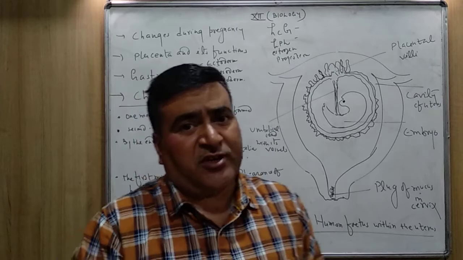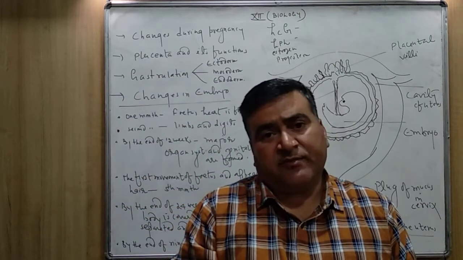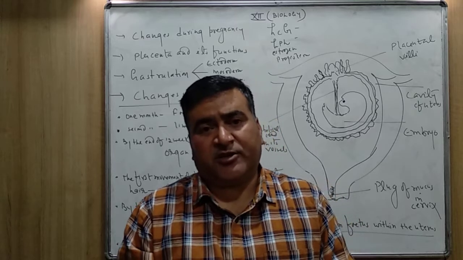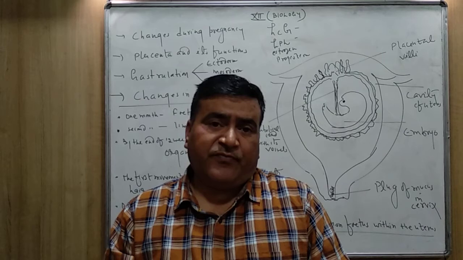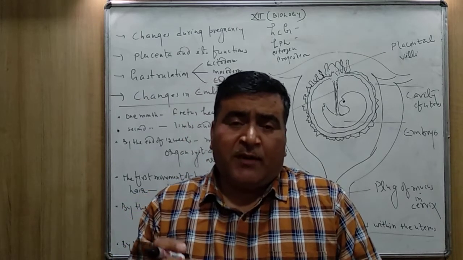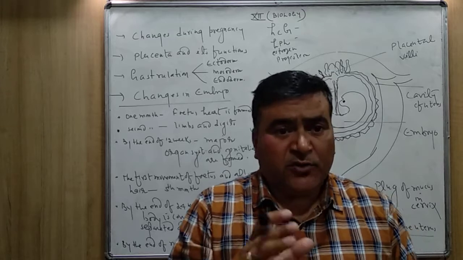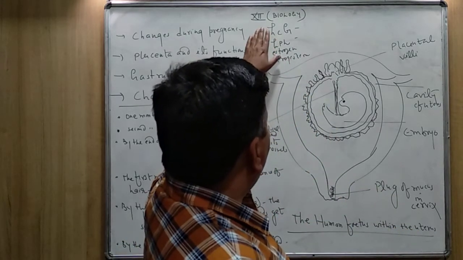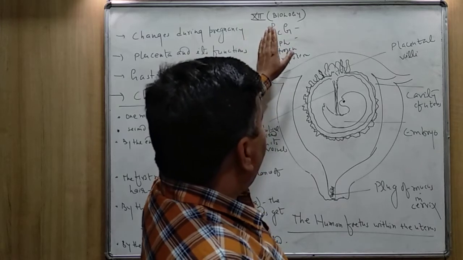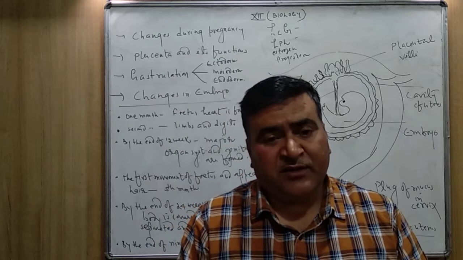Estrogen and progesterone, these two hormones are also secreted by the placenta. These hormones are also secreted from the ovary also. So placenta also produces so many hormones, and these hormones I have already mentioned over here: HCG, HPL, estrogen, progesterone.